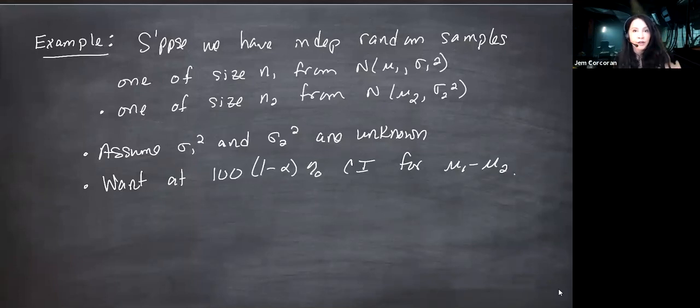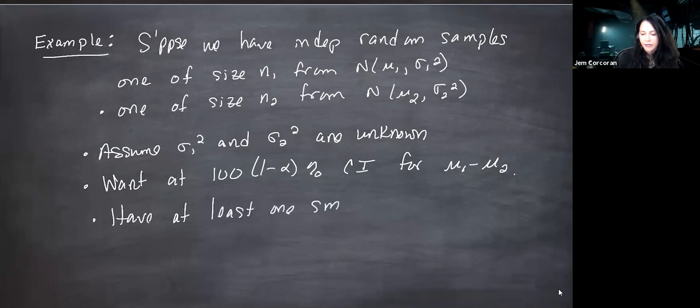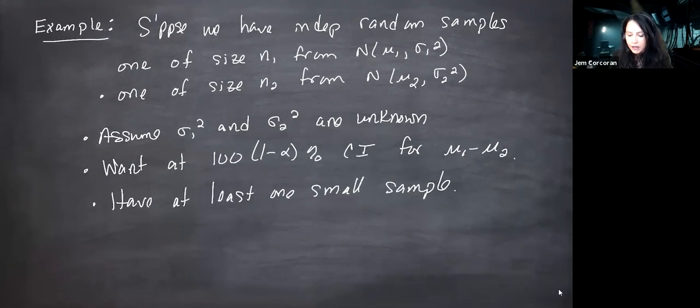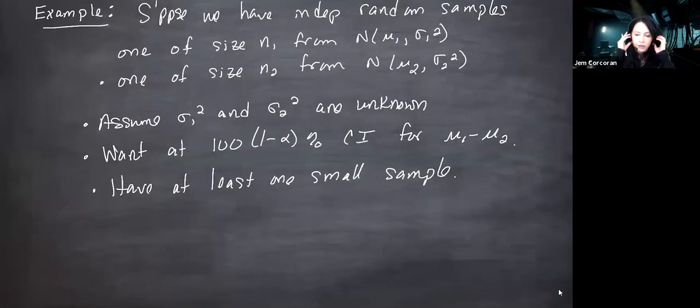If we don't, but we have large samples, we can use something approximately standard normal. But in this case, I have at least one small sample. So either N1 or N2 is less than 30. I think a T is in order here.